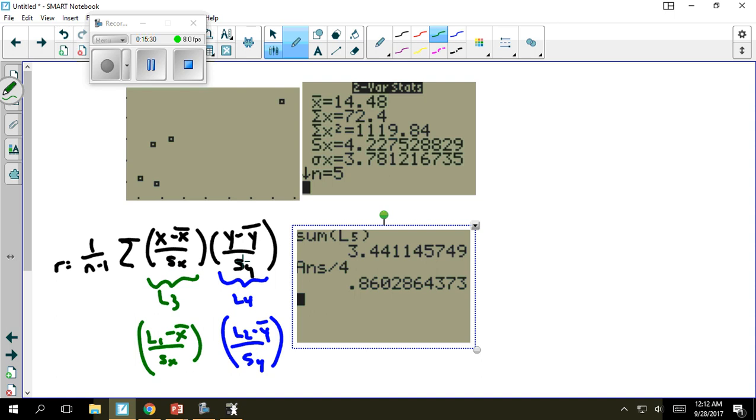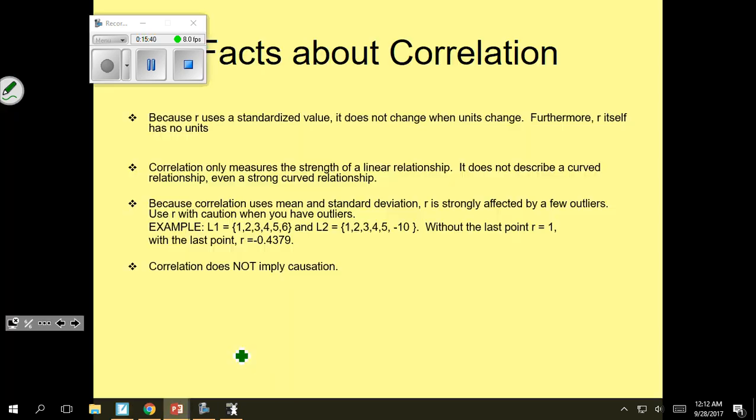Well, it turns out if I switch my x and y, all I'm doing now is multiplying in a different order, and since multiplication is commutative, the correlation itself won't change. That leads me to my next point. Correlation doesn't make a distinction between explanatory and response variables. It doesn't care which one's which. It's the same correlation.